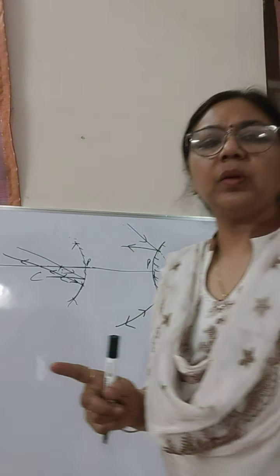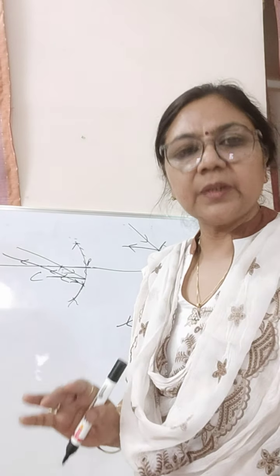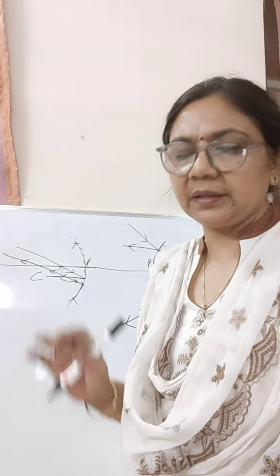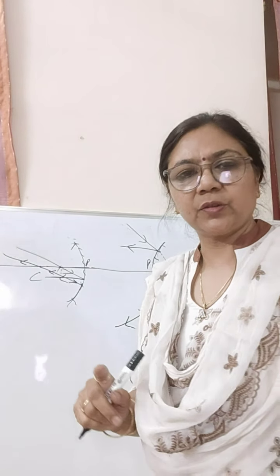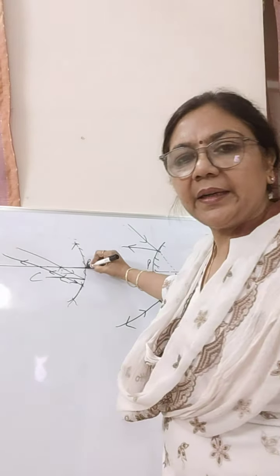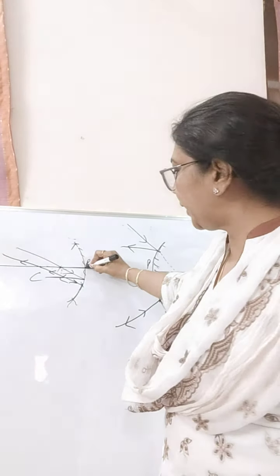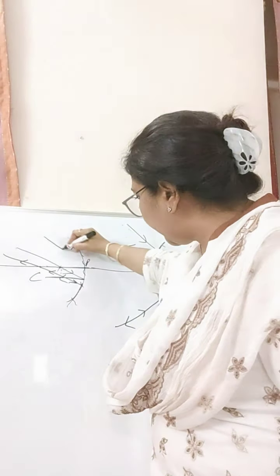Okay. Now the fourth rule. One more rule is there which we generally avoid. Remember this thing. This rule is also based on the laws of reflection, but generally we avoid it. In this rule, if any ray is incident at P, meaning P is the point of incidence, then what will happen?